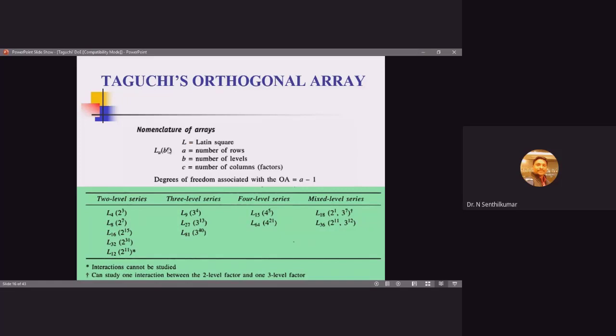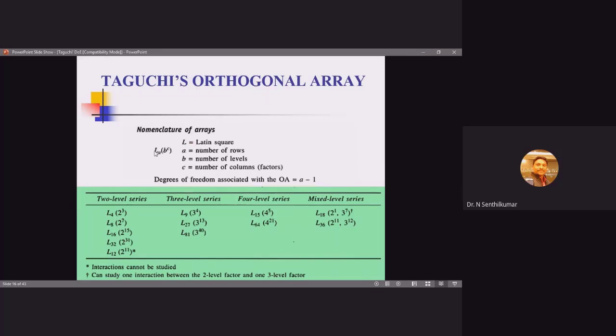Then relief angle is a factor. If I am going on to composites, the composition of powder, the sintering temperature, the compacting pressure, the sintering pressure, these are all factors. That is nothing but the inputs. The columns is how many inputs, that is equal to the factors.